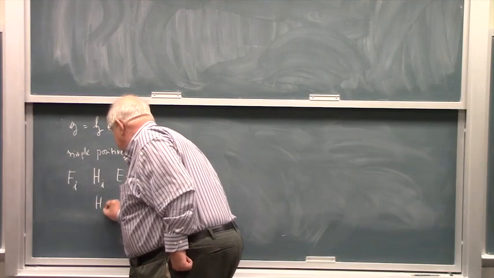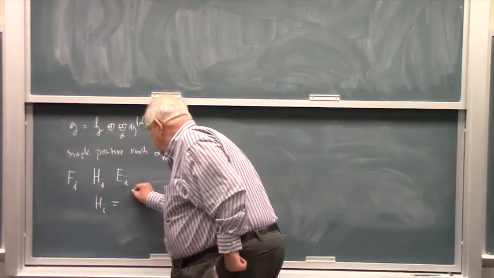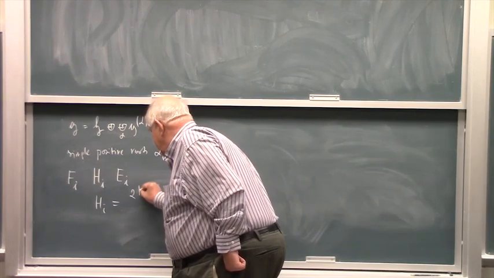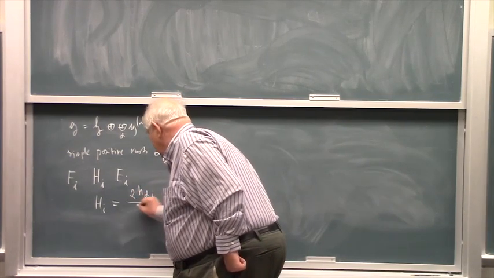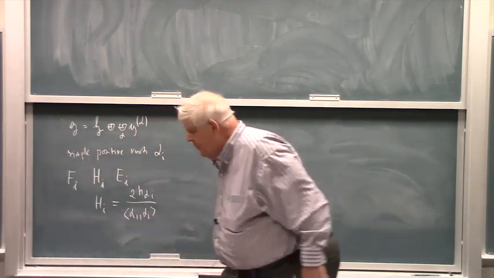HI can be also described as 2H alpha I divided by the inner square of alpha I.